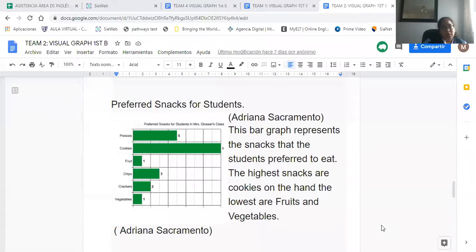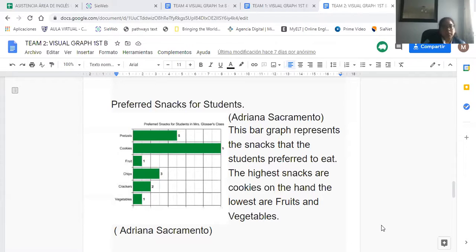In my opinion, most people prefer cookies over vegetables and fruits because cookies are sweet and most people also like to eat more sweets than nutritious things.